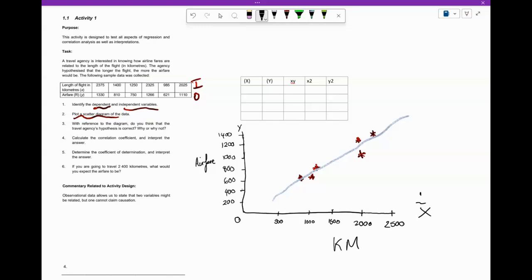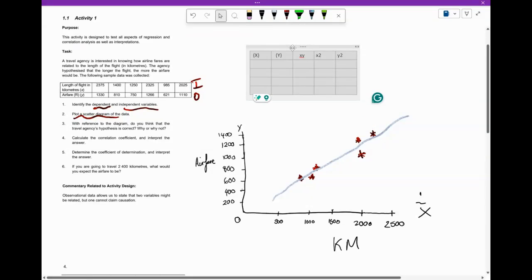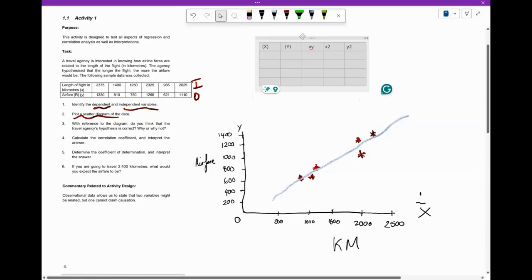You should actually have a heading. What should our heading be? Flight hypothesis.